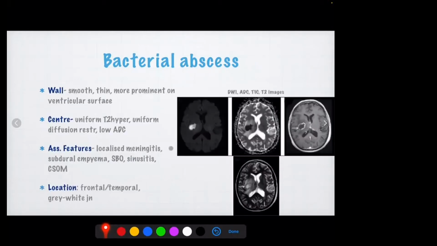And as the brain abscess develops, which takes on average 2 to 4 weeks, depending on the organism and the immune status, once the abscess is formed, a typical abscess would have a relatively thin wall.